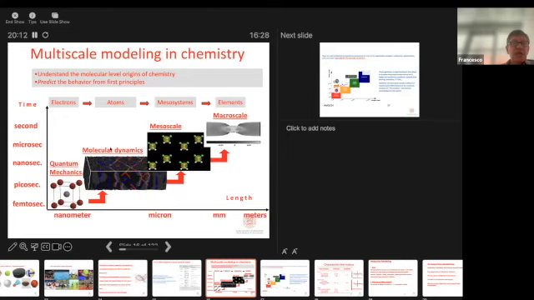And here is an explicative slide, just to help focus the ideas. When we start with quantum mechanics and its application, that is quantum chemistry, we are able to deal with systems that go up to the nanometer, that is 10 to the minus 9 meters, of course.